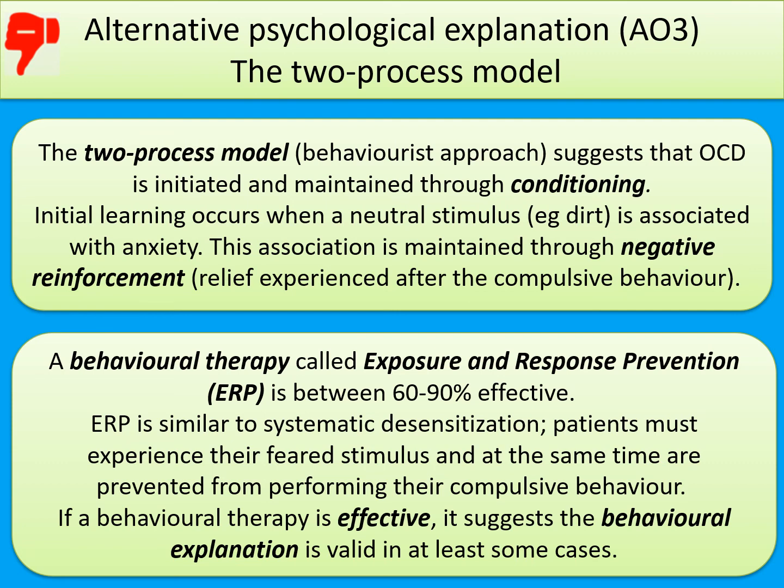And so that therapy is actually pretty effective, and psychologists have found it's between 60 to 90% effective. And so if the treatment is effective, then that suggests that perhaps the behavioural explanation is valid in at least some cases.